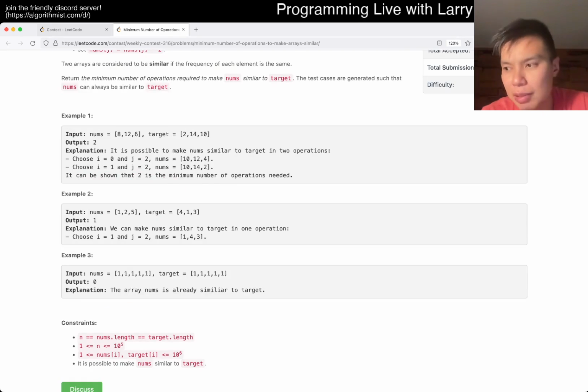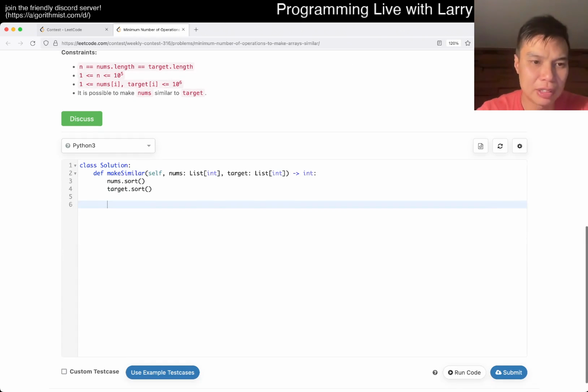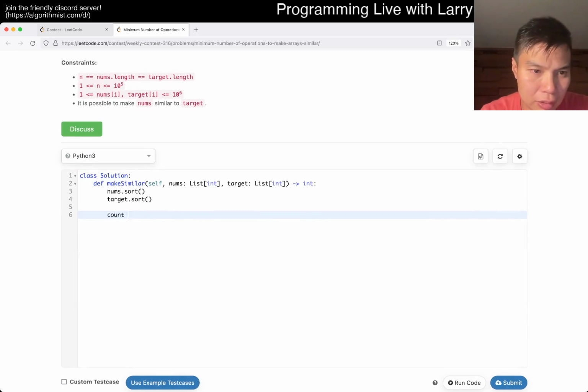Okay, sorting it, and then we take the smallest number, and then we take the next number. Well, we can always borrow. So okay, we don't even need it to be that smart. We can borrow numbers from the future. So let's just say count is equal to 0 for i, a, b in zip of nums, target.